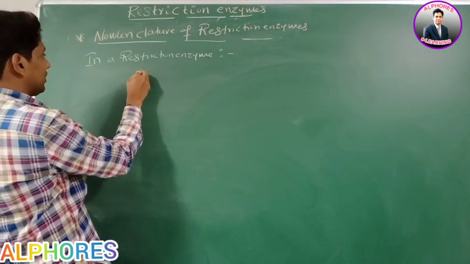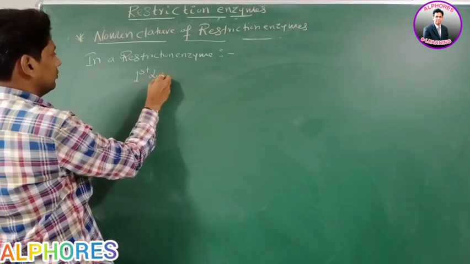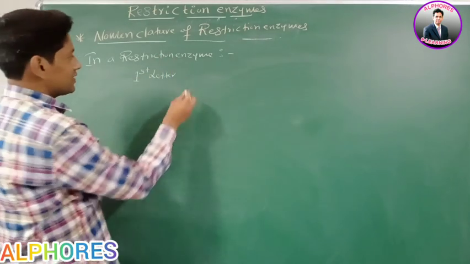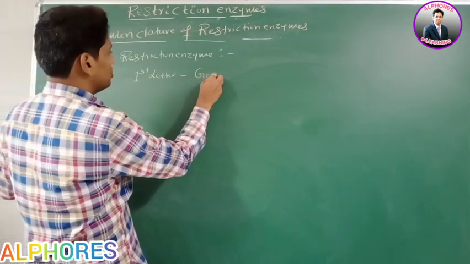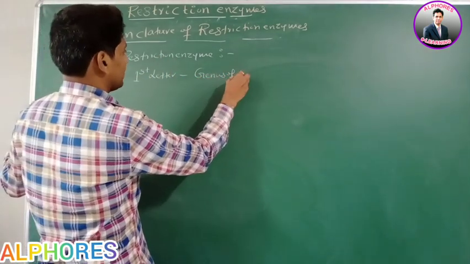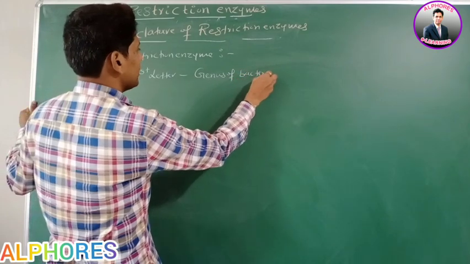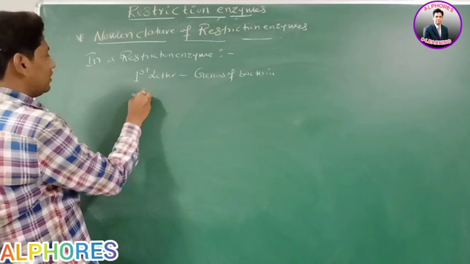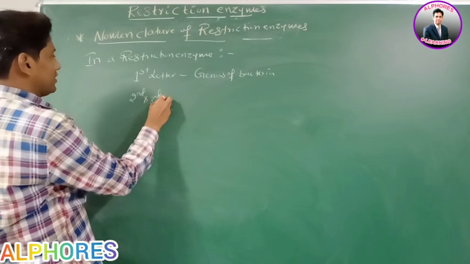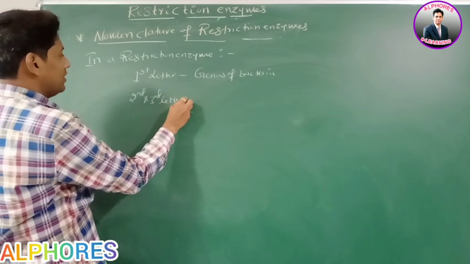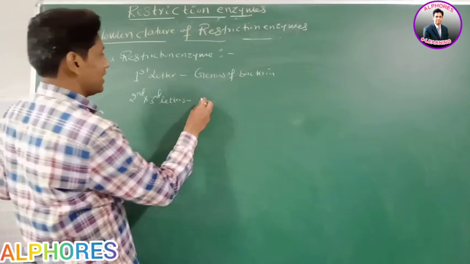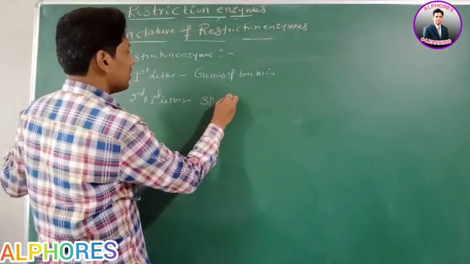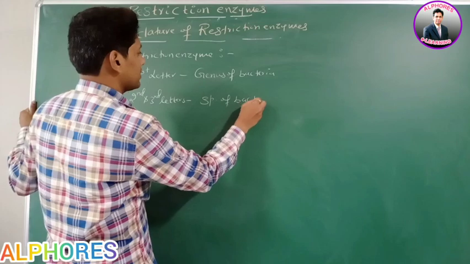the first letter stands for the genus of bacteria from where it is isolated. The second and third letters stand for the species of bacteria from where it is isolated.